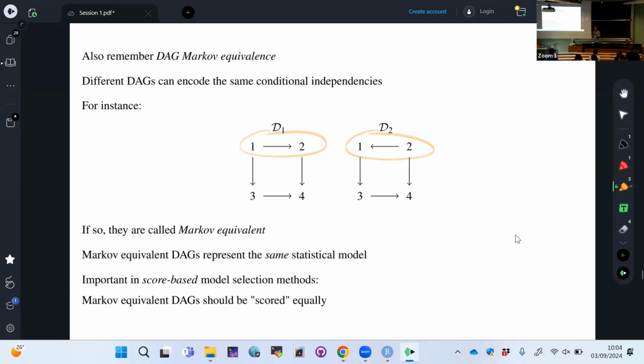But in a Bayesian approach, you need to assign a prior to the parameters, and the parameters are different, because in one case you have the parameter of one conditional distribution and in the other case of another conditional distribution. You must care about this if you want to achieve score equivalence, which means in a Bayesian setting the same marginal likelihood, and in turn the same posterior probability for the two DAGs. But we will go back to this concept.